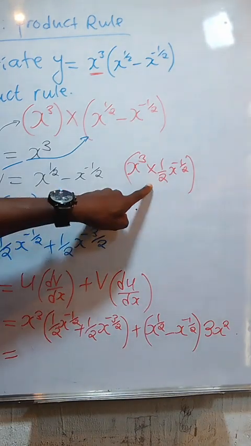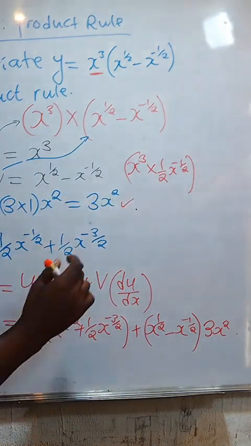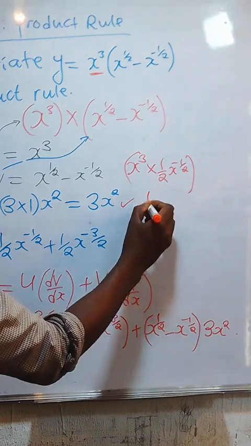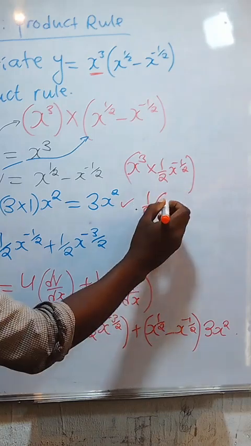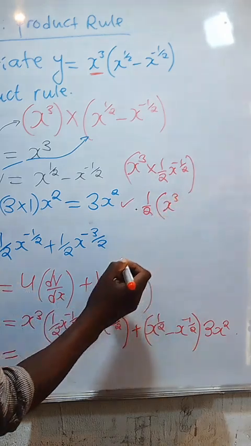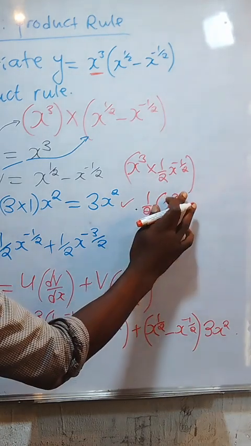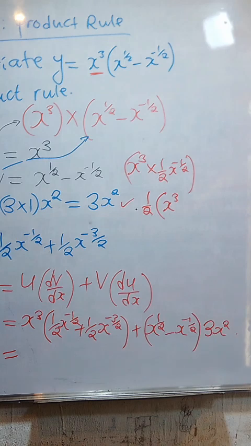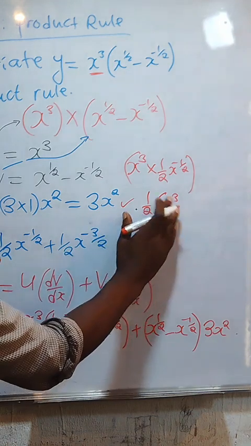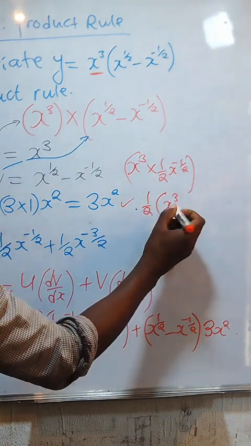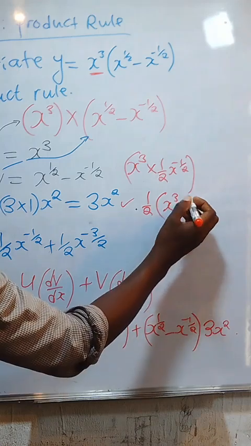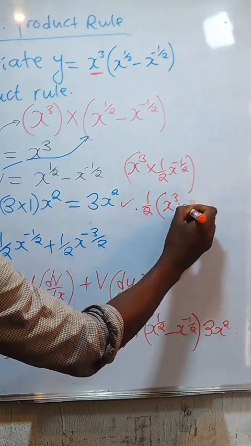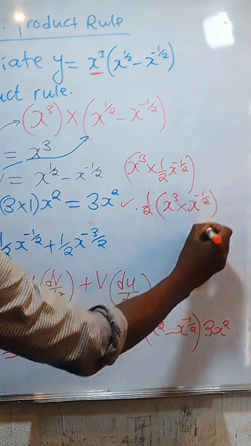So this half can be outside, and then x to the power 3, okay? Because you can just simply isolate this and ignore this, and this is going to be x to the power this.